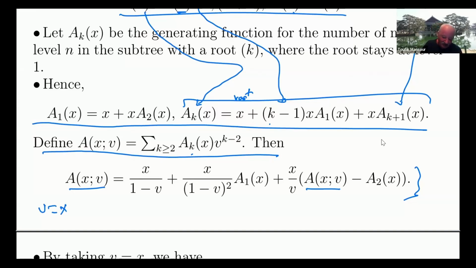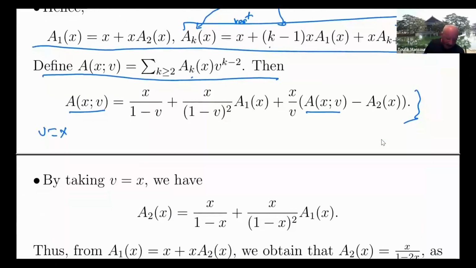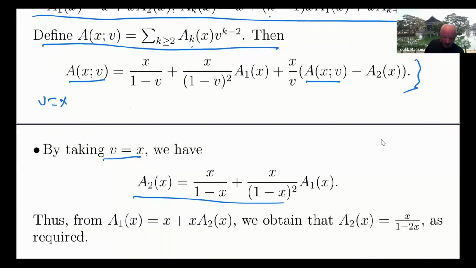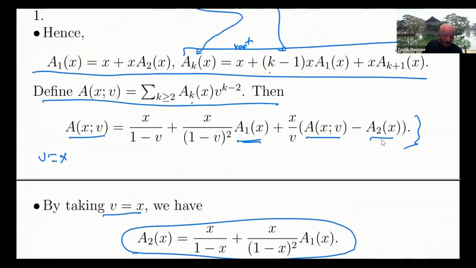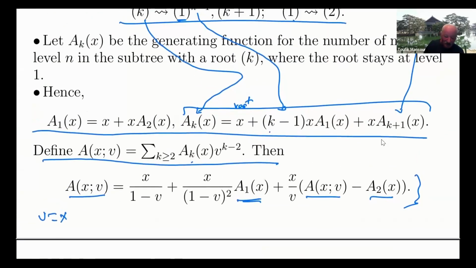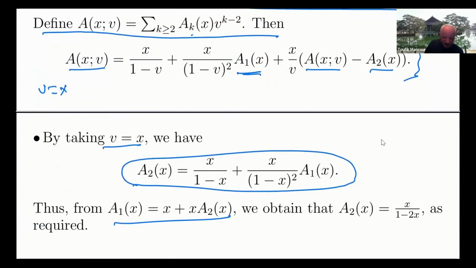Anyway, so in this case, indeed, if I take v equal x, I get this generating function relation, a_2 equals this one. So I get the relation between a_1 and a_2. But I have another relation between a_1 and a_2, which is this one. So I have two relations.